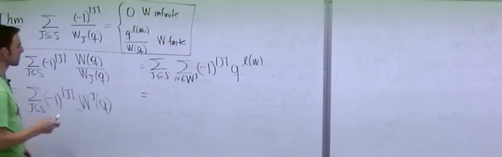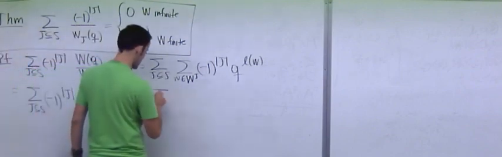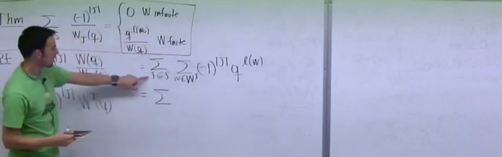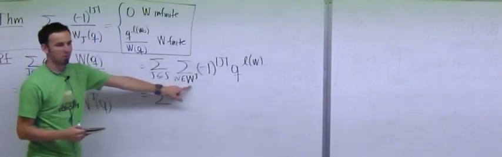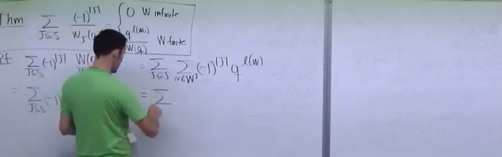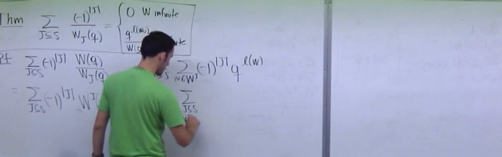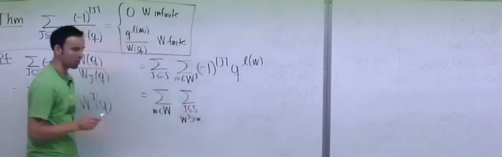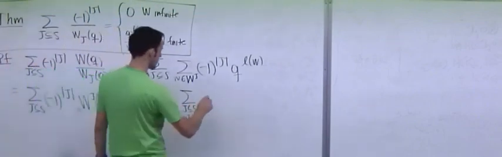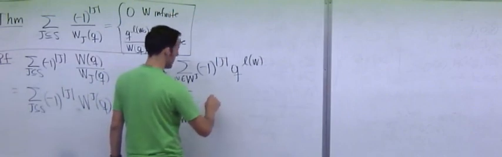And what I want to do now is switch the order of summation. Okay? So instead of first summing over J and then summing over the W's in that parabolic quotient, what I'm going to do is first sum over all the elements of my Coxeter group, and then sum over the J's such that that parabolic quotient contains that little W. Okay, so all I did is switch the order of summations.